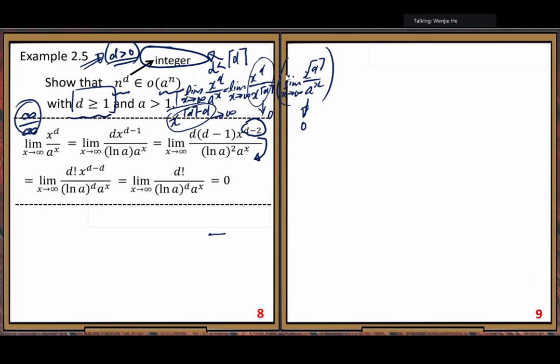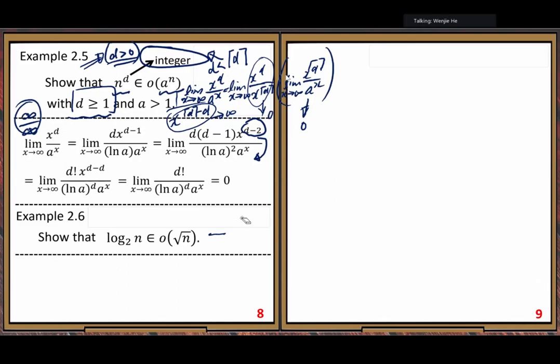All right. Next, let's complete the last two examples. Example 2.6: log base 2 of n belongs to big O of root n. For this case, still L'Hopital's rule, continuous version; take the derivative, pretty straightforward, because it's infinity over infinity.